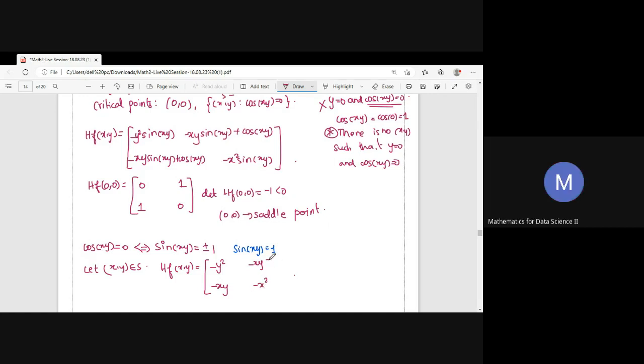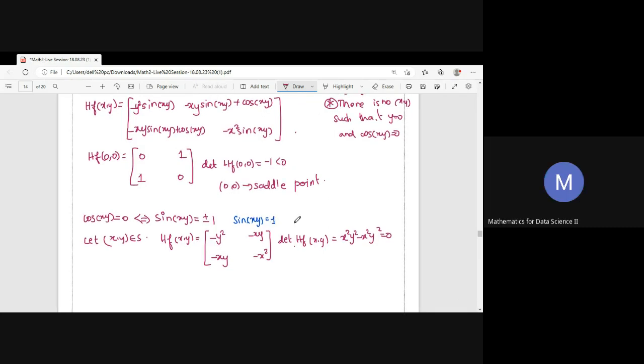Now, what happens to the determinant of your Hf of x comma y? Y square times x square minus x square y square, which is 0. So if this is 0, then what can we say about those points? Inconclusive. Okay, this is in the case of sine xy equal to 1.